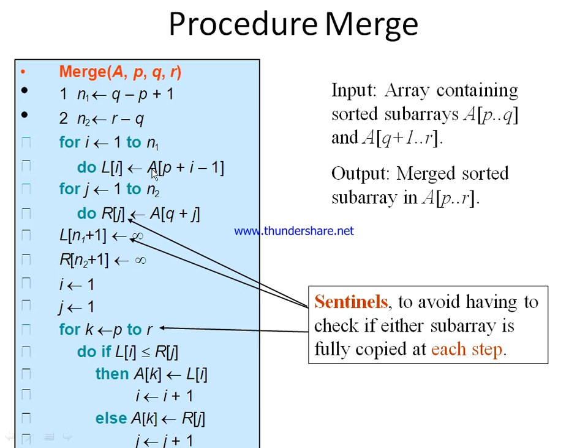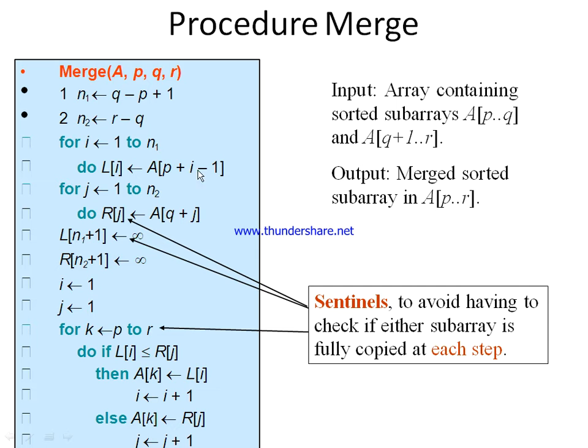So L of I, that is left of I. Left of I is A of P plus I minus 1 transferred to L of I. That is, we are moving the elements of an array into two halves, starting from P plus I minus 1.